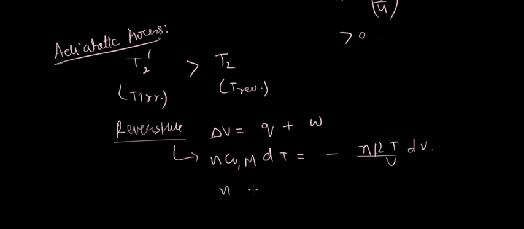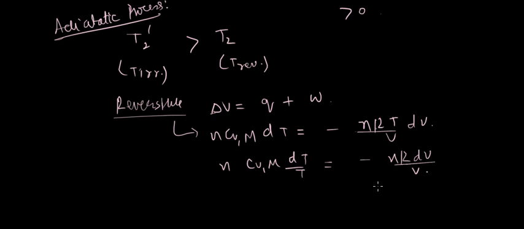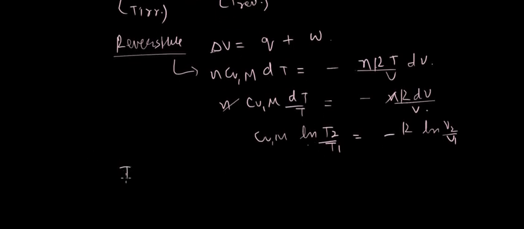So here we can write n C_vm dT upon T would be equal to minus nR dV upon V. Okay, so after integrating it we get that C_vm ln T2 upon T1 would be equal to minus R ln V2 upon V1.